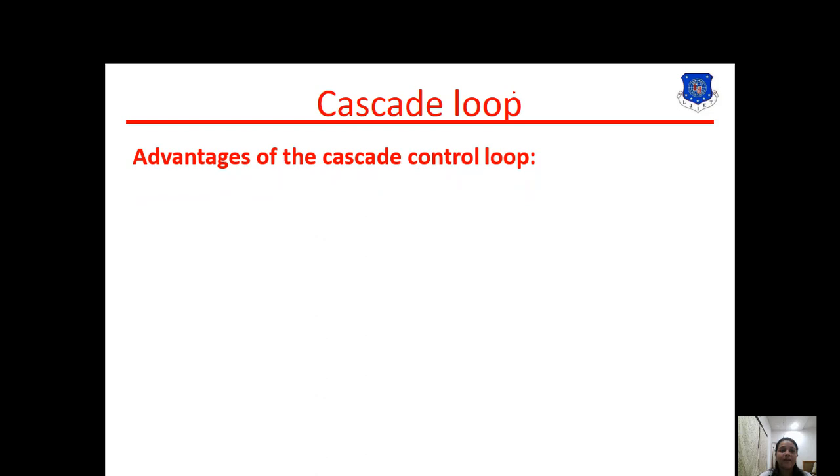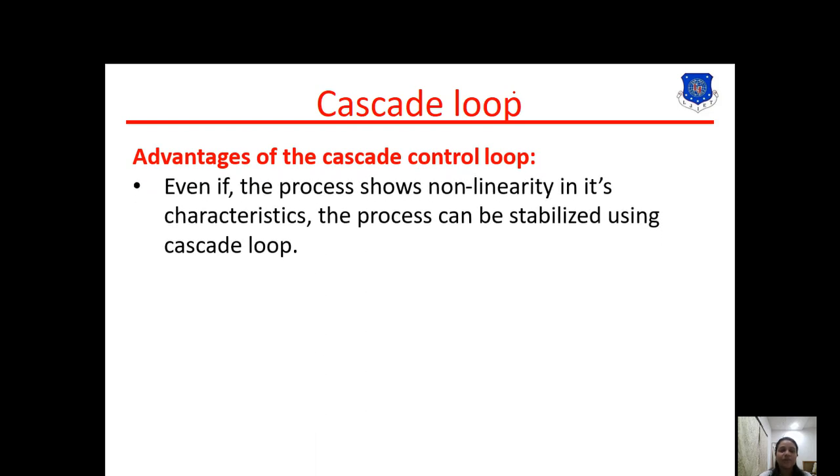Next are the advantages of the cascade control loop. First, even if the process shows non-linearity in its characteristic, the process can be stabilized using a cascade loop. If we use a single closed loop in this system and the output of the closed loop system is non-linear, using the cascade control loop we can stabilize this system.